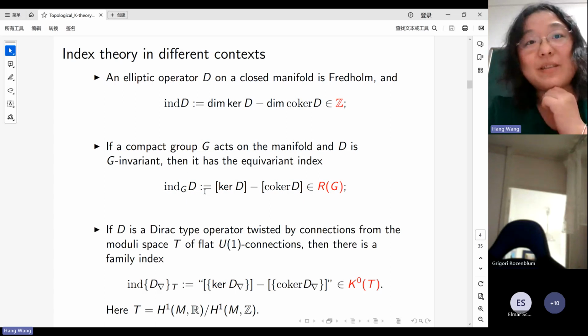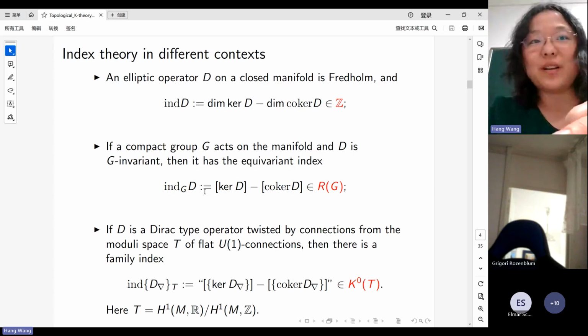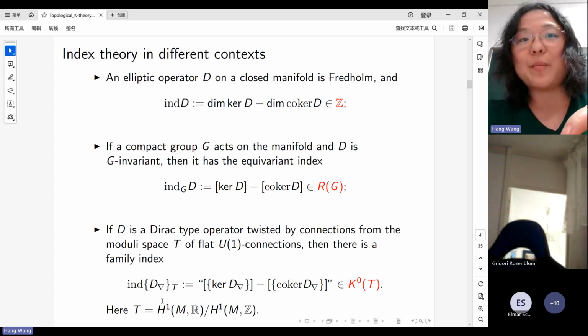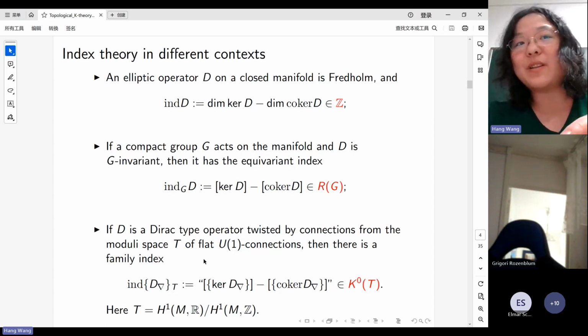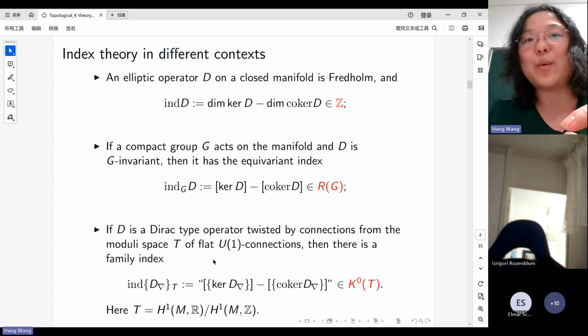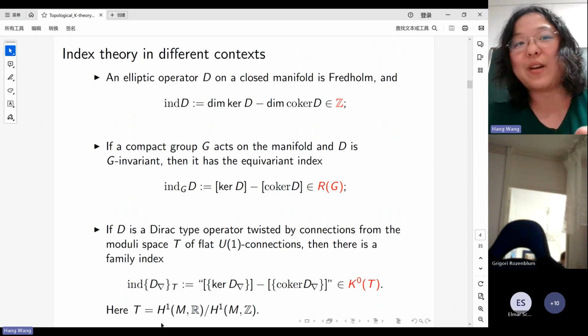And in another direction, one can consider a Dirac operator on some manifold M, but we twist that Dirac operator by some connections, namely flat U(1) connections, and such connections can be modeled over a torus, the so-called Albanese torus.